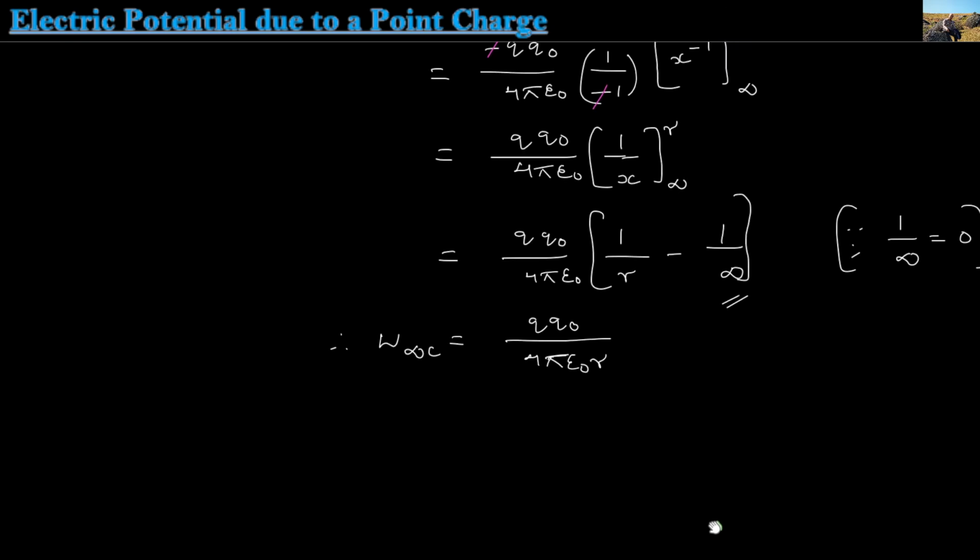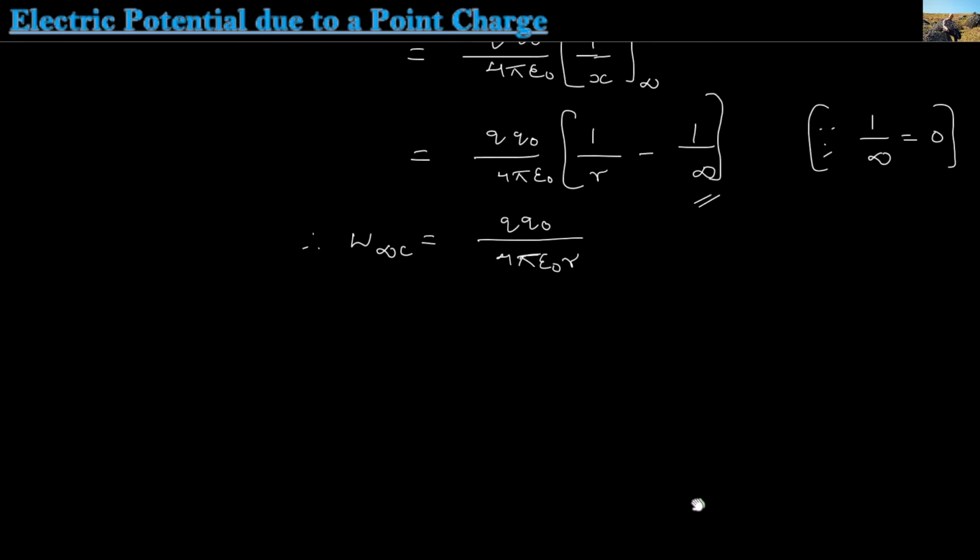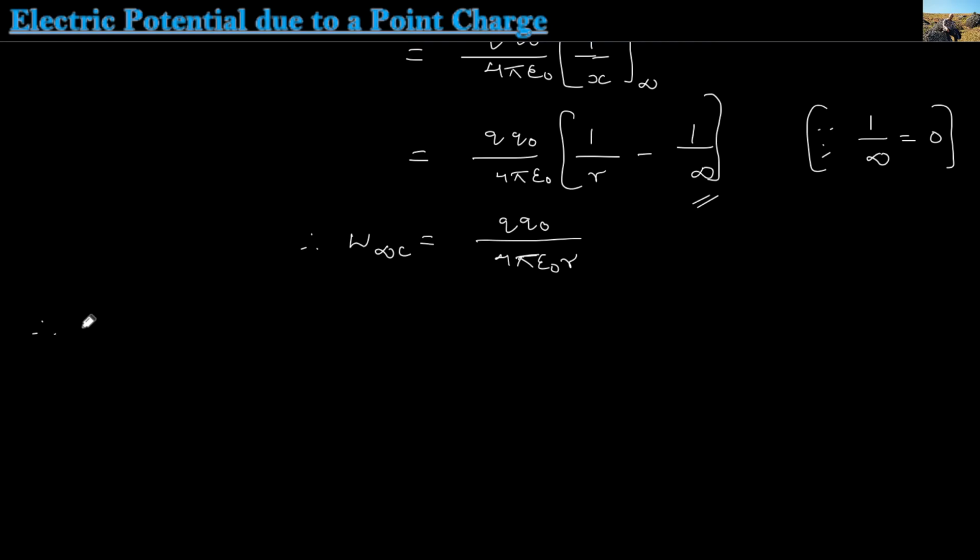What is our target over here? Our target is to find the electric potential. Therefore, the corresponding electric potential due to that point charge is given by V equal to W from infinity up to C divided by q naught.